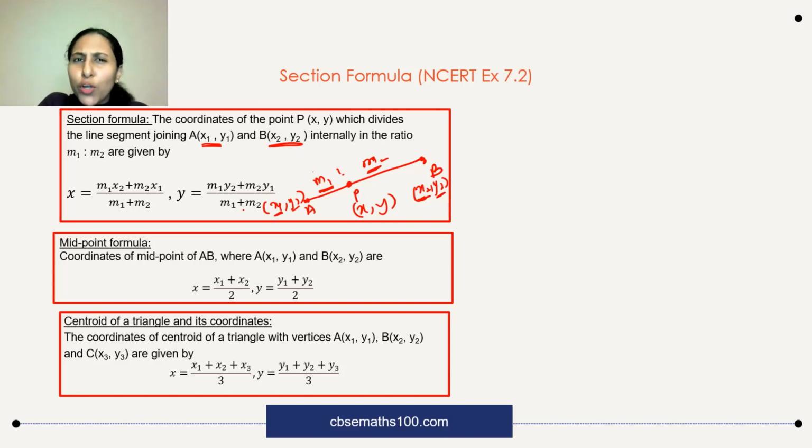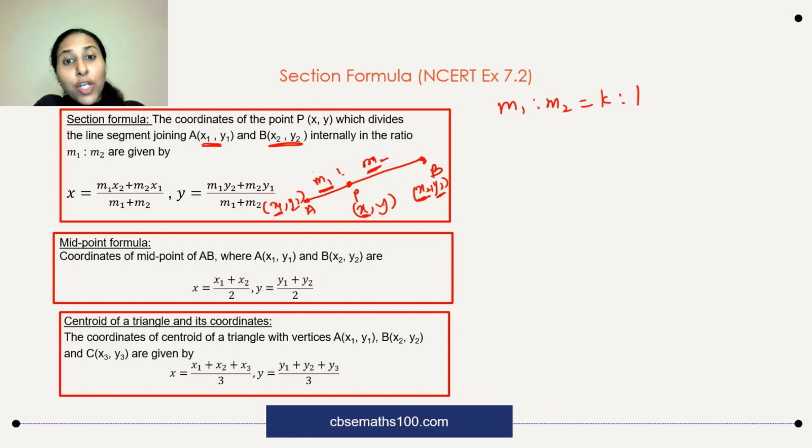Now, suppose you want to find out the ratio itself. You don't want to find the coordinates of the point of internal division. You want to find the ratio. In that case, what formula will you use? You will change m1 is to m2 to k is to 1. So when you want to find the ratio, depending on which coordinate you know, if you know the x coordinate of the point of internal division, suppose it's given the point is on the x-axis.